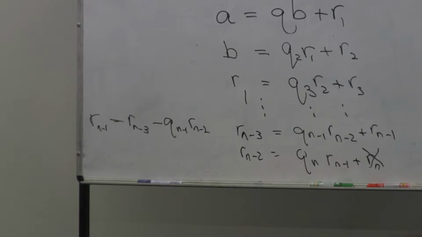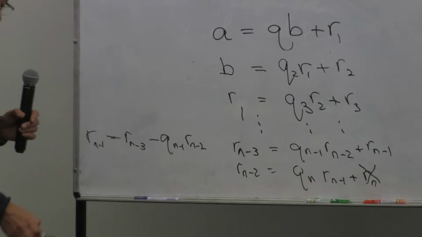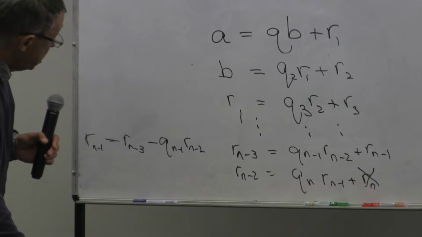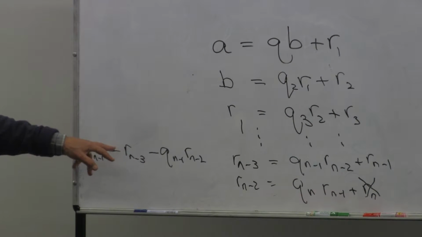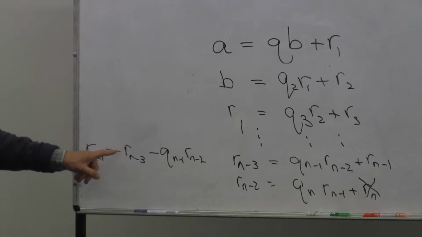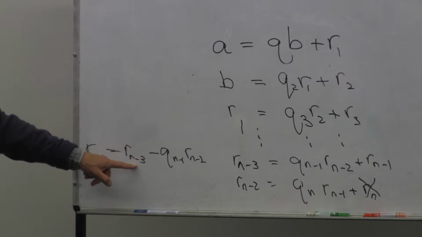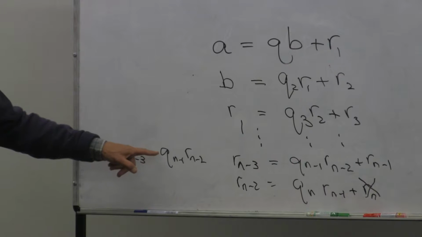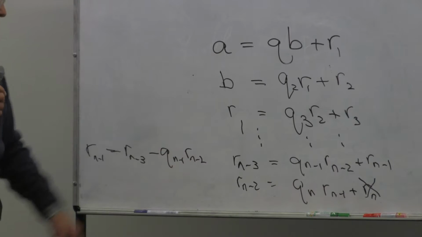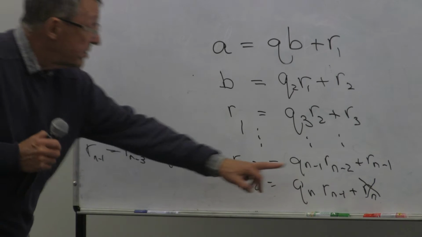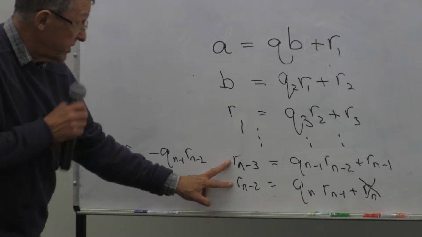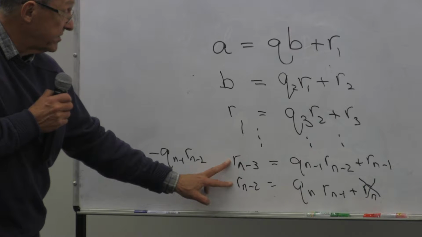So we see Rn minus 1, our common divisor, is expressible as a linear combination of the two previous ones. That's to say, a multiple of Rn minus 3 plus or minus a multiple of Rn minus 2.